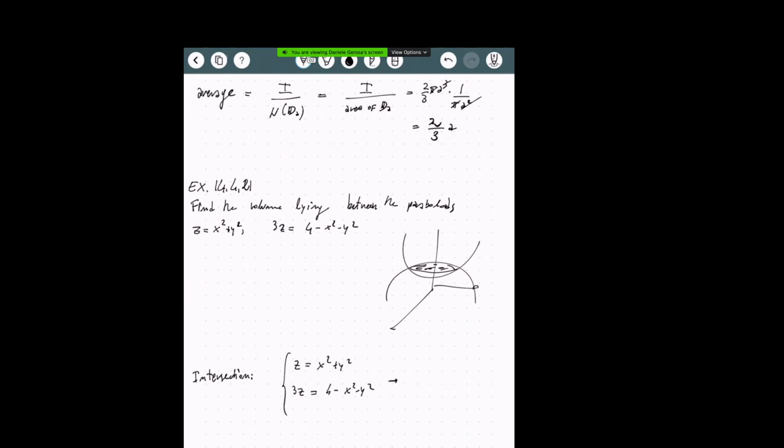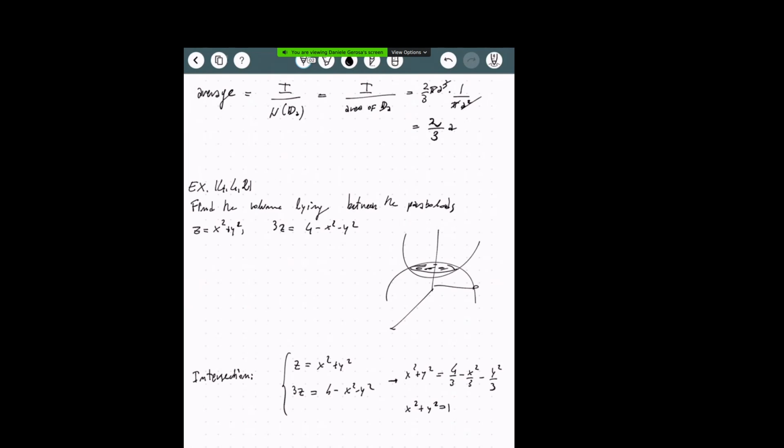You get that this leads to x squared plus y squared equals 4 divided by 3 minus x squared divided by 3 minus y squared divided by 3. And then this is equal to x squared plus y squared equal to 1. So they intersect in this circle, and this is going to be our domain of integration.